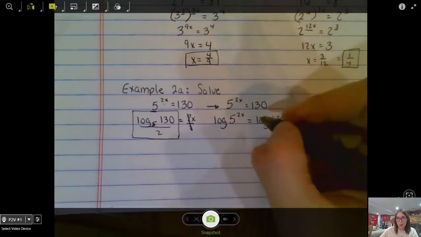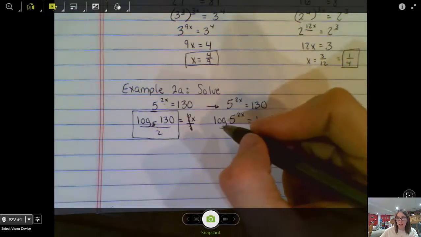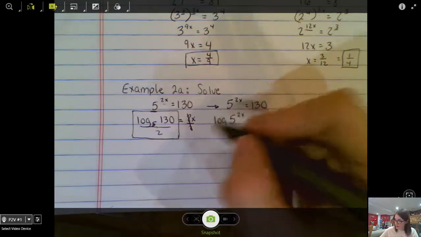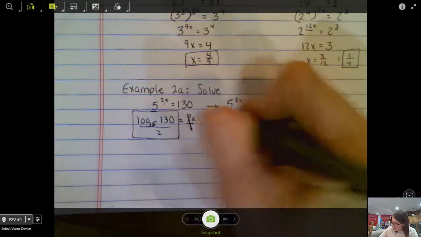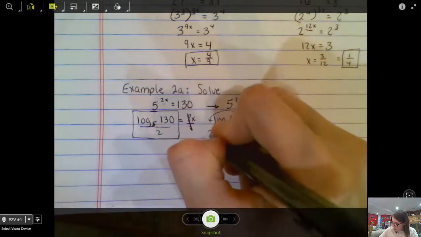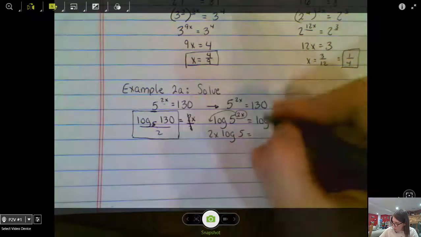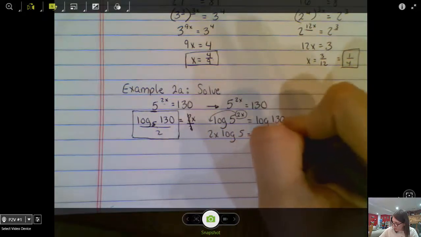And then one of our logarithm properties says if we have an exponent here, we can pull it to the front. So 2x times the log of 5 equals the log of 130.